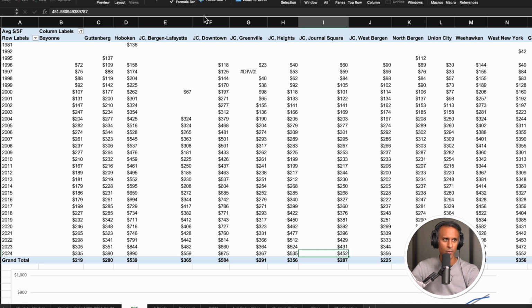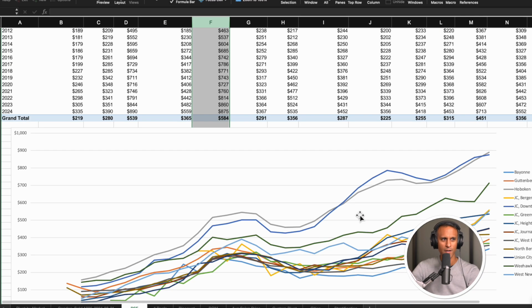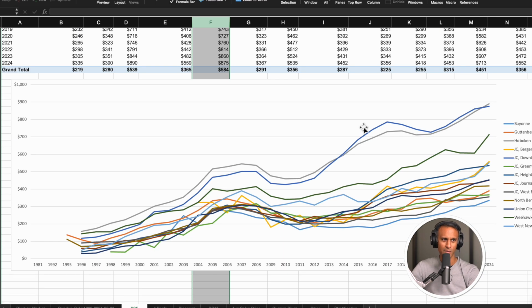I can follow, hey, what's happened in nearby Hoboken over time, average price per square foot, or what's happened to downtown Jersey City over time. And these are just averages. So you look at what's happened to Hoboken, downtown Jersey City. Just keeps going up. But you can follow that data point and really drill down into the data.